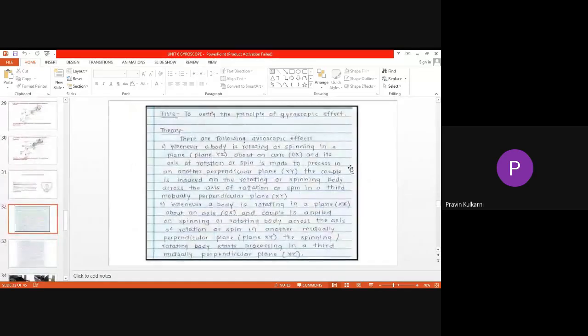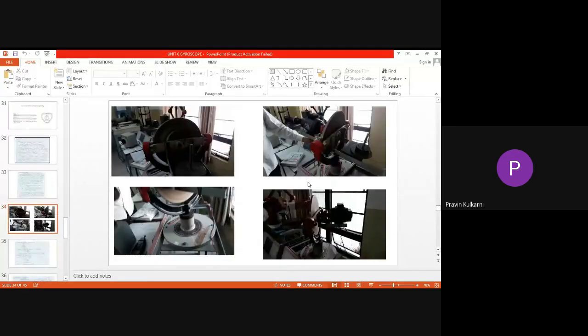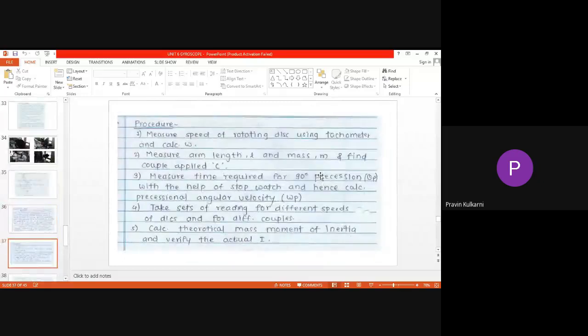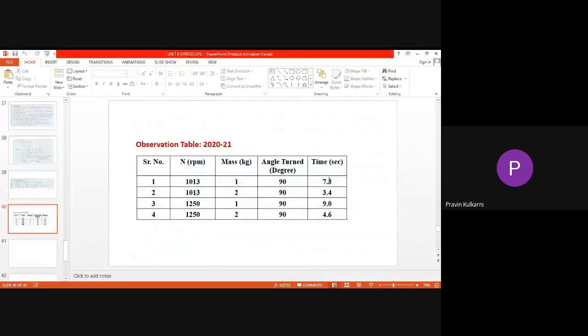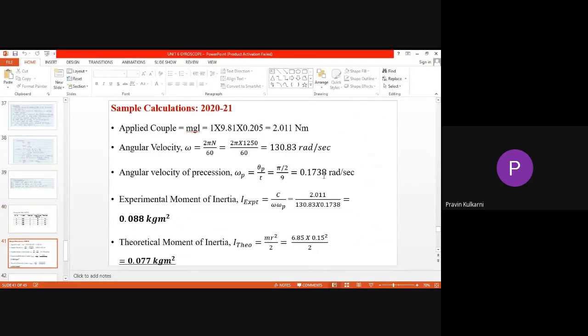I think this is all about the gyroscope from my end. This was actually the experimentation that we had carried out, and the couple was to be found. I have got the videos for these experiments.